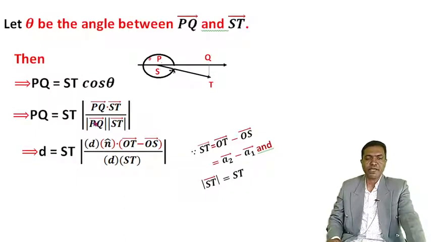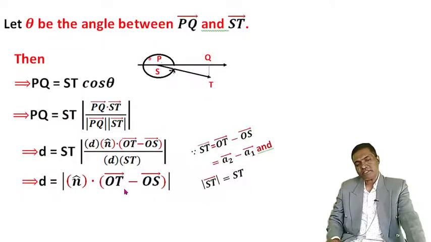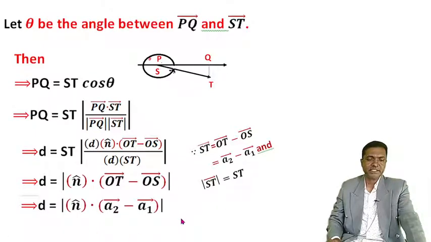Magnitude of vector PQ means the length of the line segment PQ that we have taken as D, and magnitude of vector ST means the length of the line segment ST. So now D and D cancel and ST cancels, and you will be left with this n cap into this. Now what is vector OT? It is the position vector of the point T, so that is your A2 and this is your A1. Okay, so let's proceed.